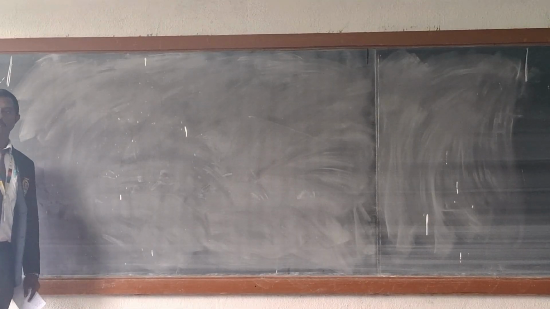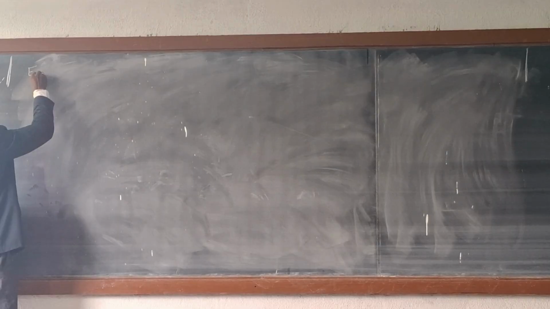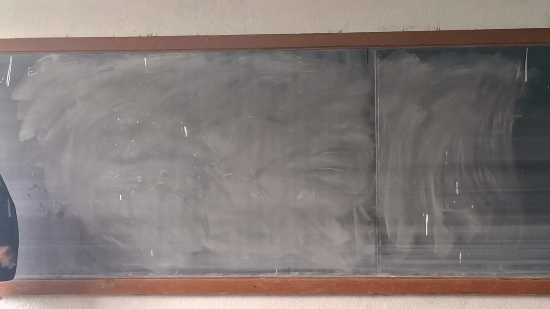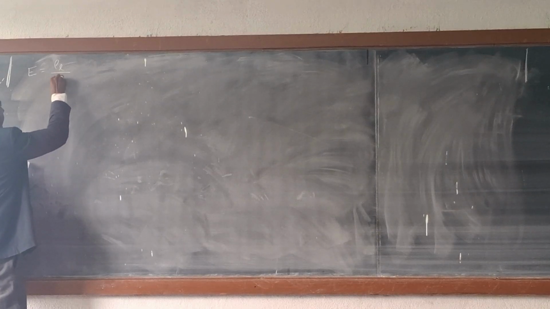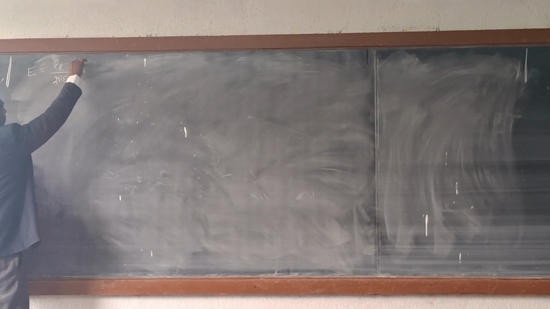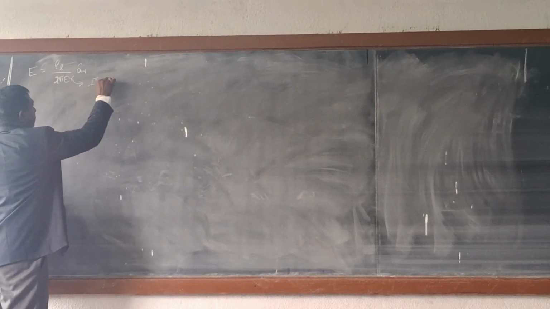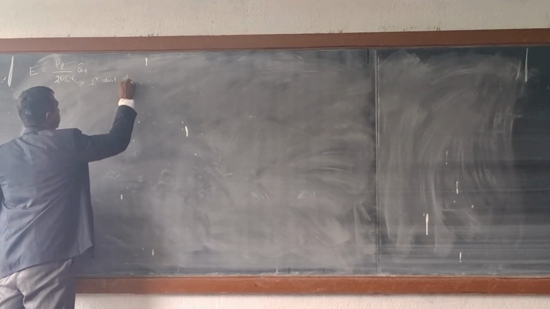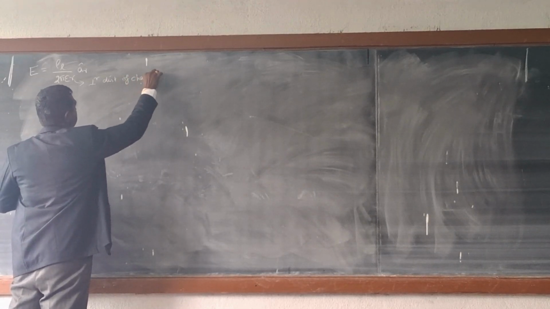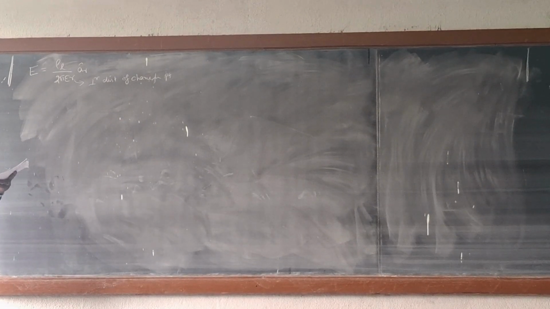Now we are going to solve a problem related with line charge. We know electric field due to line charge formula is rho L by 2 pi epsilon r A r cap, where r is perpendicular distance of charge from point. We'll solve a question.